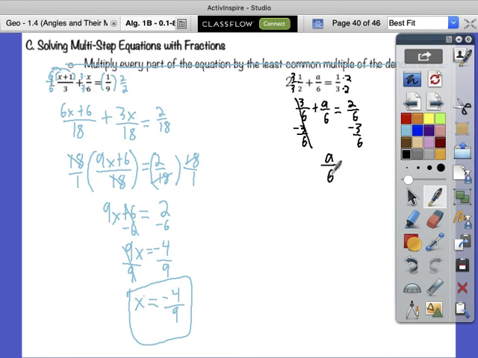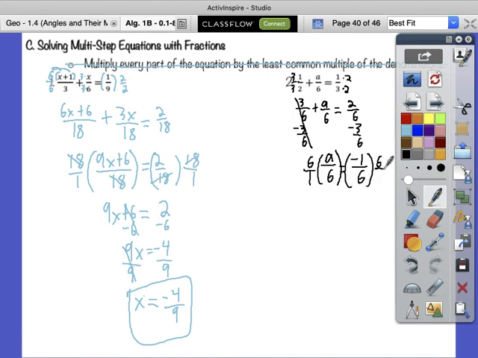A over 6 equals, what's 2 over 6 minus 3 over 6? Those are common denominators. 2 minus 3 is -1 over 6. Keep the denominator the same. A over 6, what do we do with that divided by 6? Multiply by the reciprocal. 6 or 6 over 1.